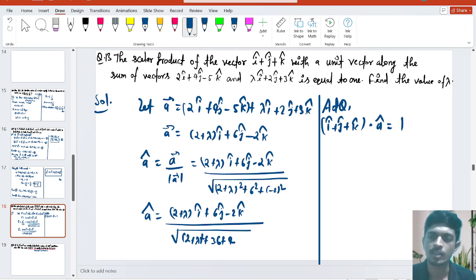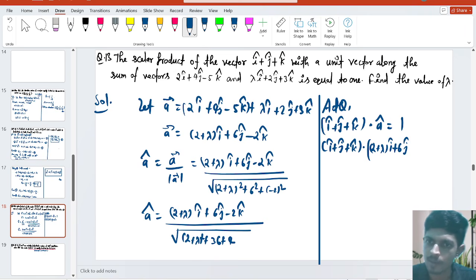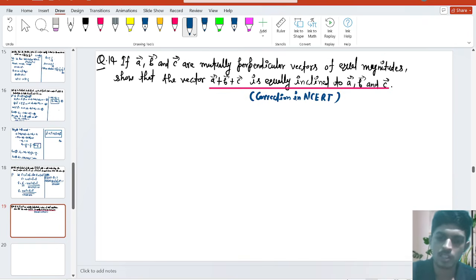So taking the dot product according to the question, putting this value here, this is i cap plus j cap plus k cap dot a cap, which is 2 plus lambda i cap plus 6j cap minus 2k cap upon the root of 2 plus lambda whole square plus 36 plus 4, that is 14. This is equal to 1. So simplifying, you get what?